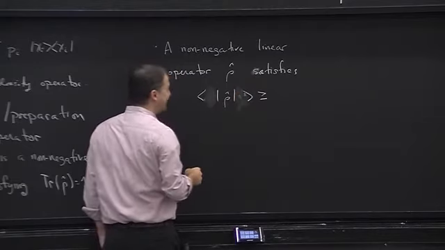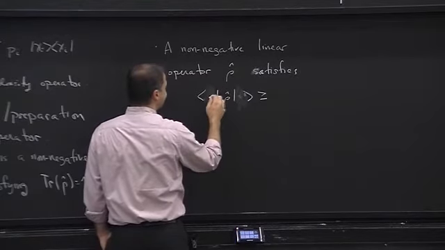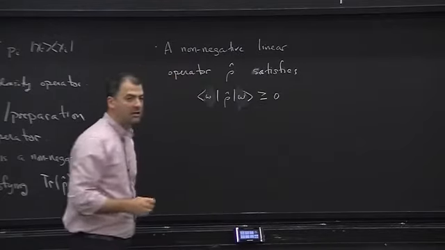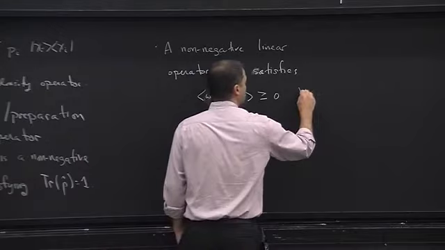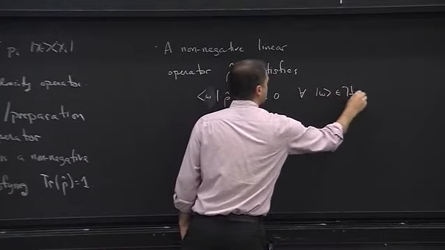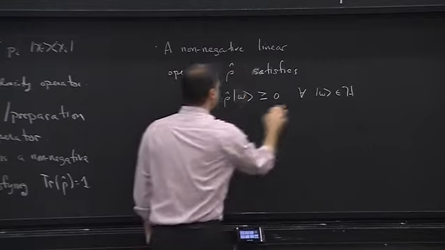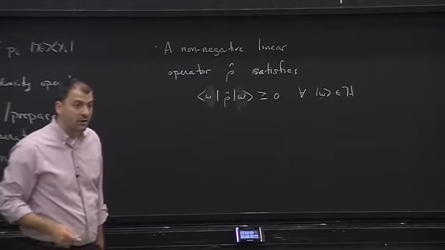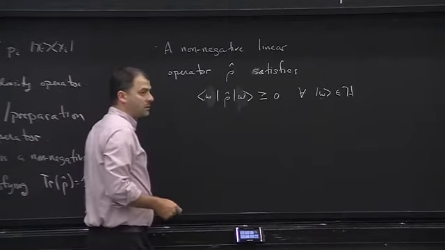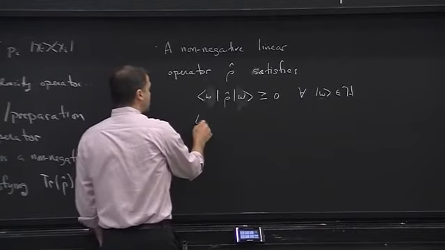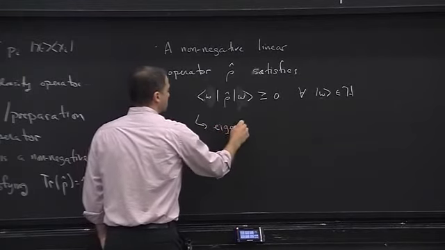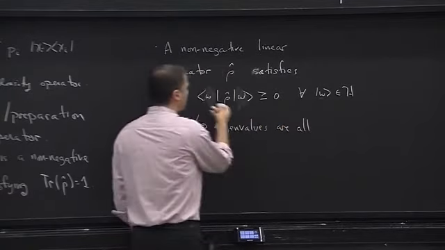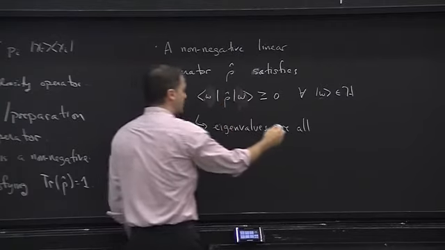So this holds for every omega in the Hilbert space. A linear operator acts on a Hilbert space. If it returns a non-negative number for all vectors in the Hilbert space, we say it's a non-negative operator. Note that in particular, this implies that the eigenvalues are all non-negative, which follows from just considering omega to be the eigenbasis of rho.